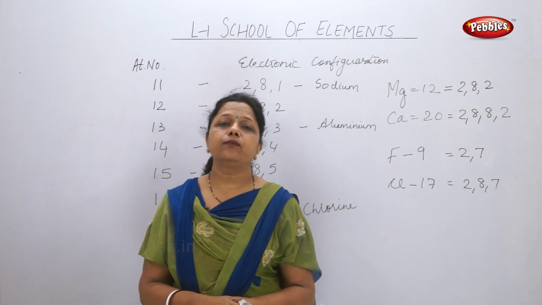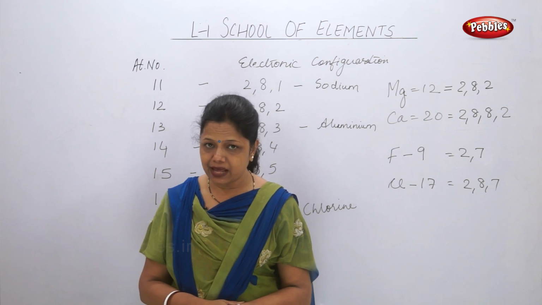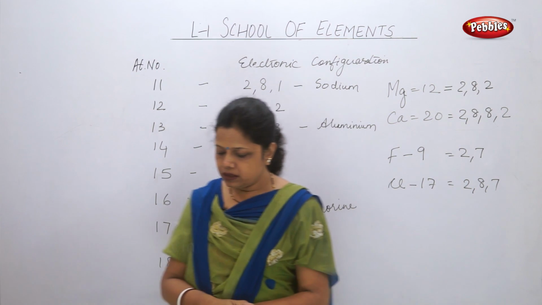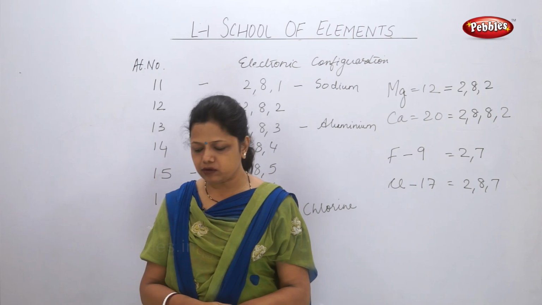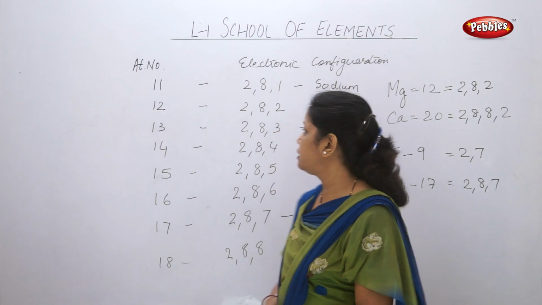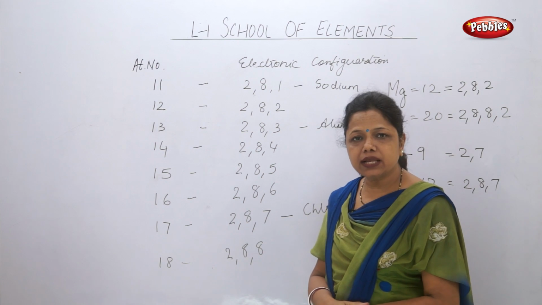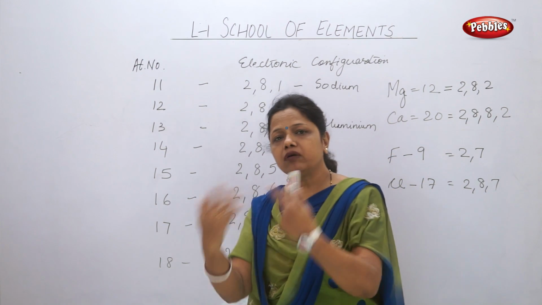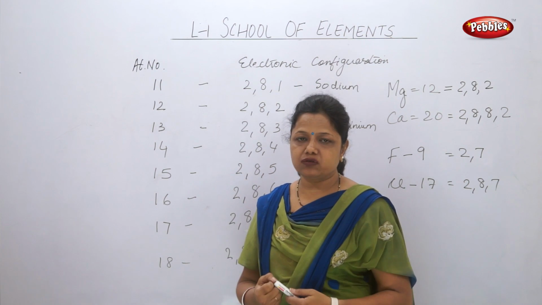Now activity 1.6. Classify elements from atomic number 11 to 18, which I have already written, as metals or non-metals depending on the electrons present in the outermost shell. You have to see how many electrons are present in the outermost shell, which element has the capability to give out electrons, and which elements have the capability to take electrons.